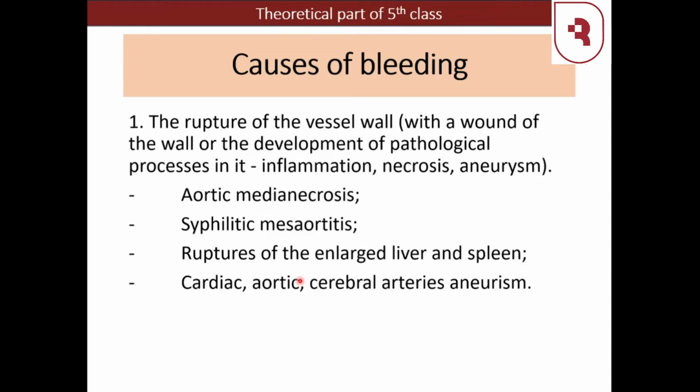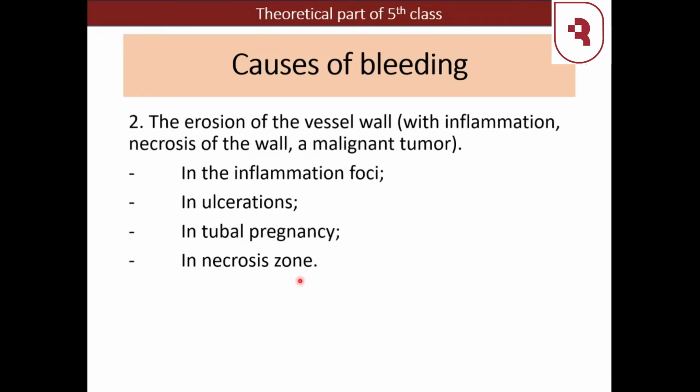There are some different types or causes of bleeding. They may be associated with rupture of vessel wall, with a wound in the wall or development of a pathological process in it: inflammation, necrosis, or aneurysm. For example, aortic media necrosis, syphilitic mesaortitis, rupture of the enlarged liver and spleen, cardiac, aortic, cerebral, arterial aneurysm.